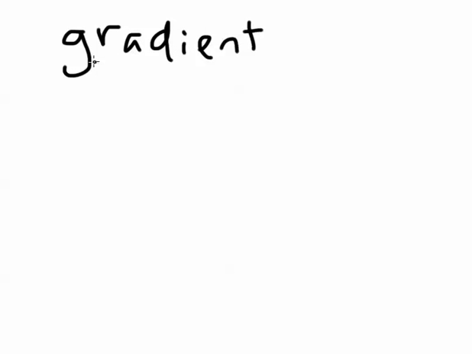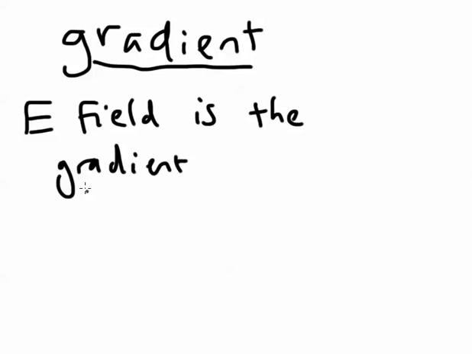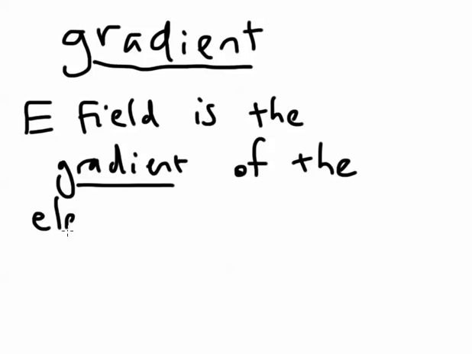So this connection is called the gradient. So we say that the electric field is the gradient of the electric potential.